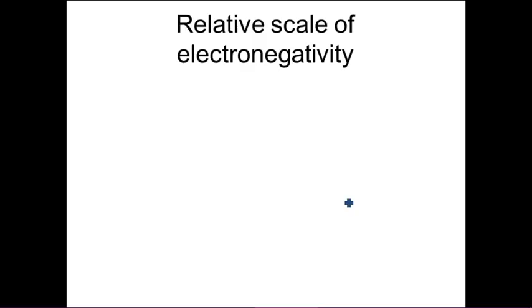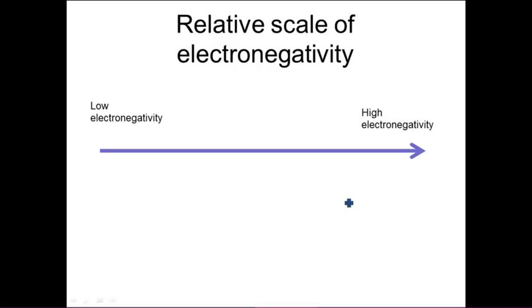There are actual numbers associated with these. You can look them up, but you don't need to know that. You just need to know the relative scale, as in who is more electronegative than who, when we're dealing with those four different atoms. So we're going to make a scale going from low electronegativity to high electronegativity.